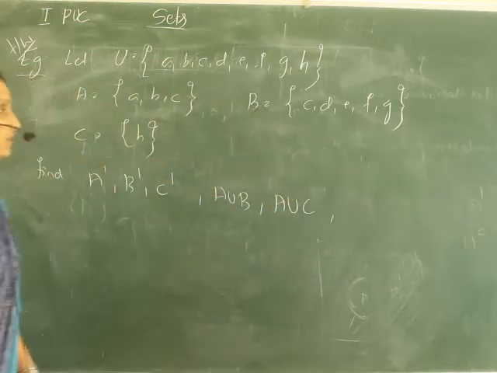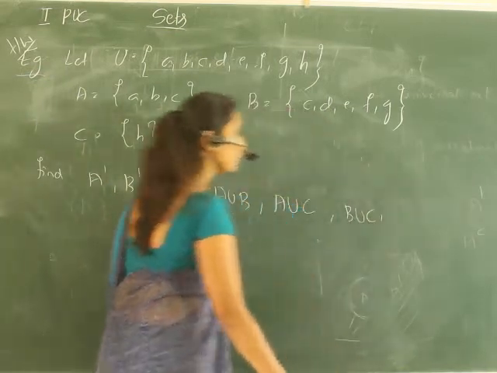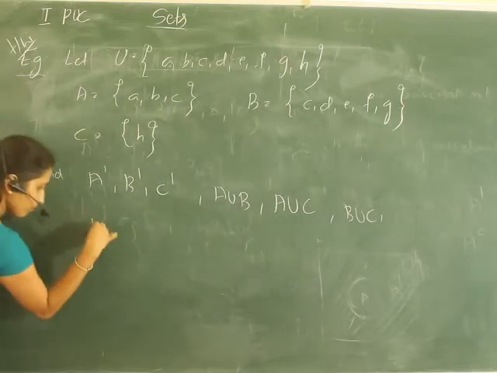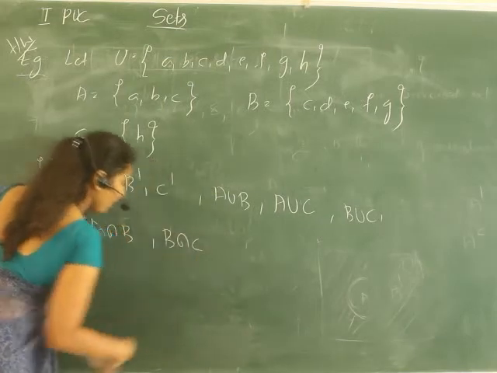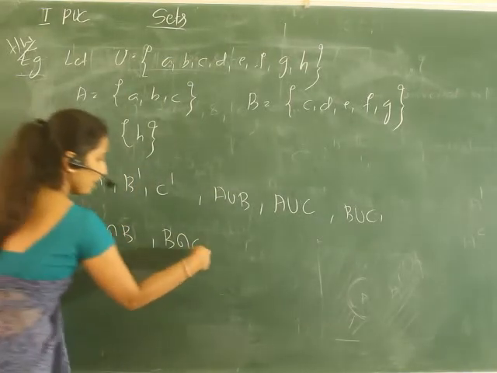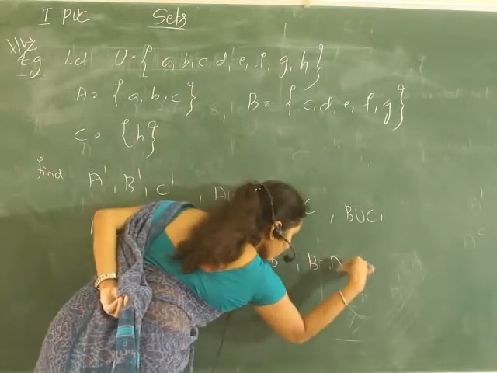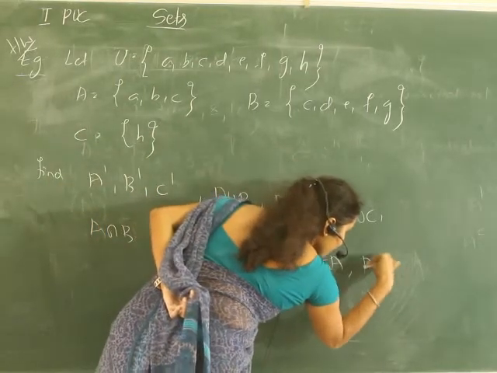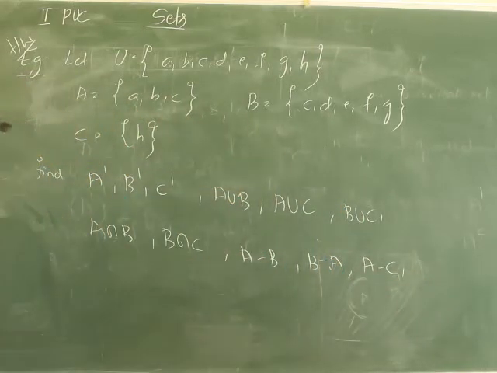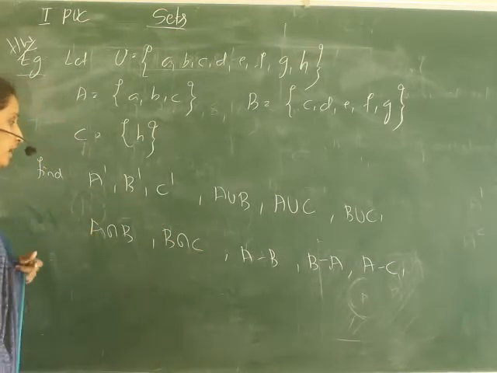A union B, A union C, B union C, A intersection B, B intersection C, A minus B, B minus C. So this includes complement, union, intersection and difference.